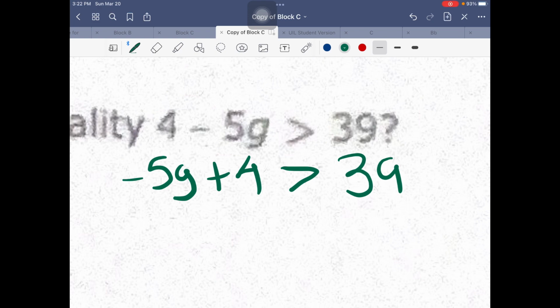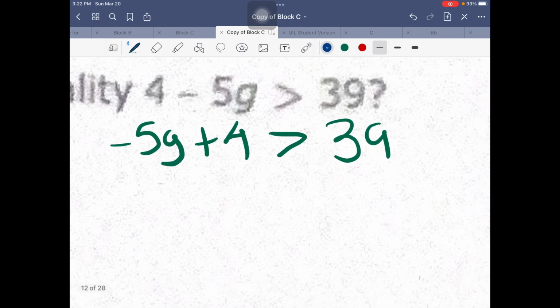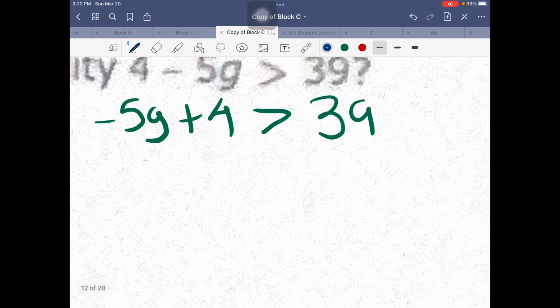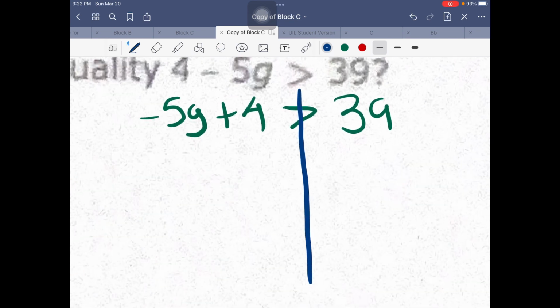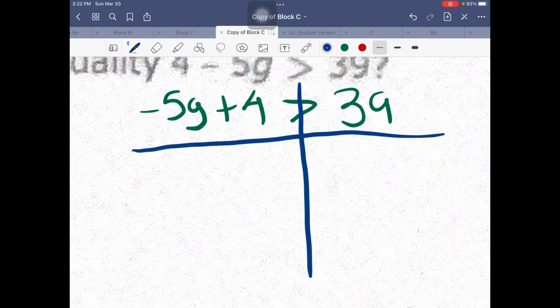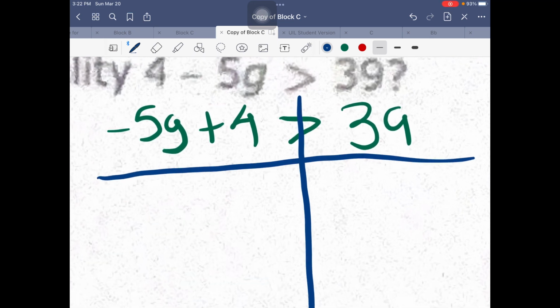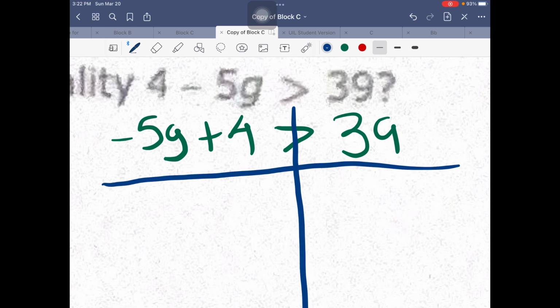Everything's good. Ahora, now we're going to treat this the same way as we treat a two-step equation. In a way, it has the same rules, just a tad different. Now, what's the first step whenever we're dealing with a two-step equation or inequality in this case? Yes, correct.